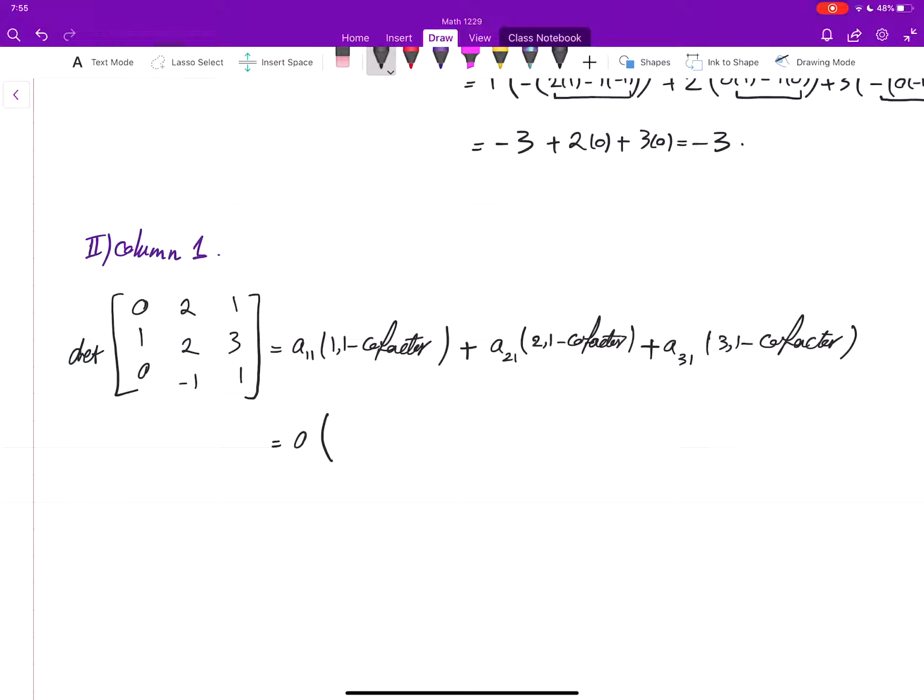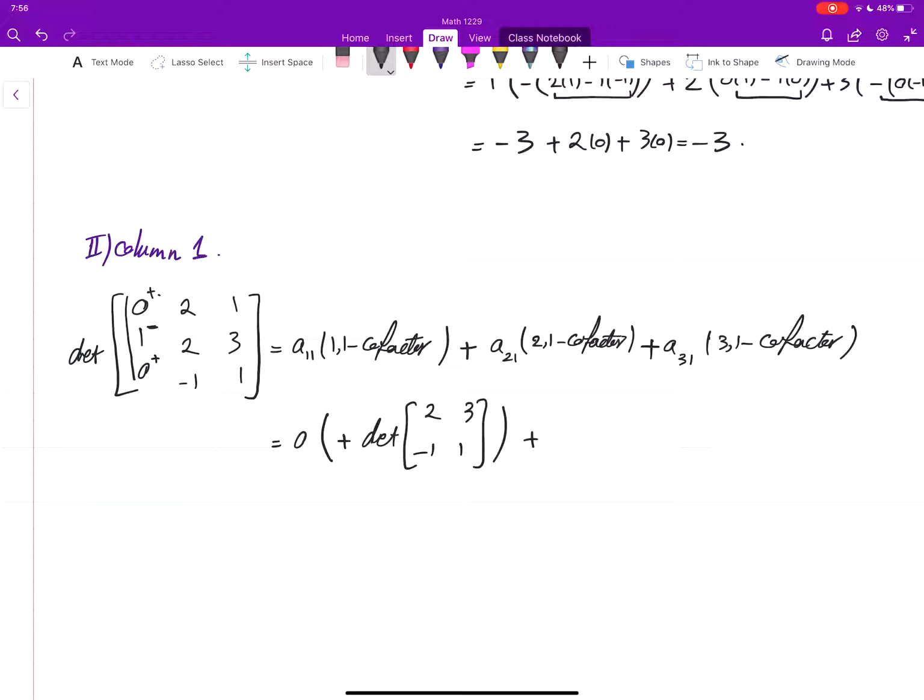What is the cofactor 1, 1? We have a sign, -1 to the power 1 plus 1. That sign, you can choose it by starting with the positive one on top left and then alternate as you move to the next entry.